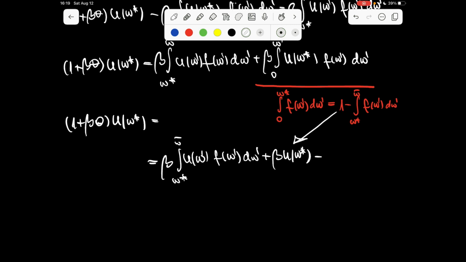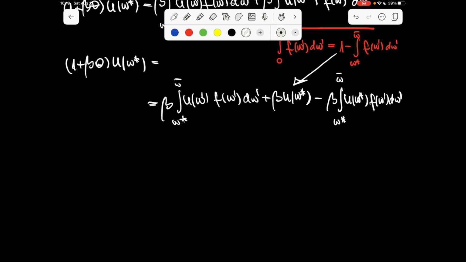This is a new term coming from the complements. The complement interval, I mean. All right, and two more lines.